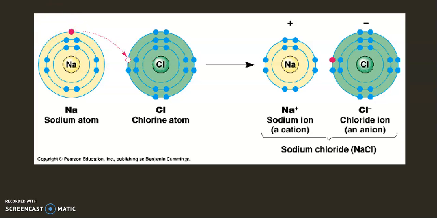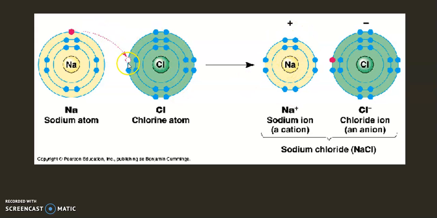So it likes to get rid of it and it donates it to chloride, which needs it. Then it'll have that full 8 electrons in its outer electron shell, meets the octet rule, so it's more stable. But it does have a positive charge because it lost an electron, which has a negative charge.